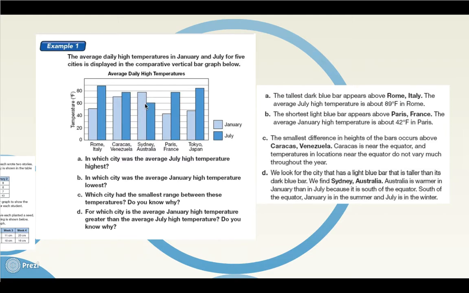The reason they would have a higher temperature in January than in July is because Sydney happens to be on the bottom of the earth. So when it is our summer, it is their winter, and vice versa. Here are the answers to A, B, C, and D, but I kind of just told you all of them.